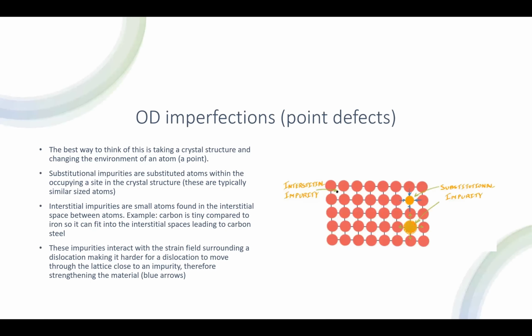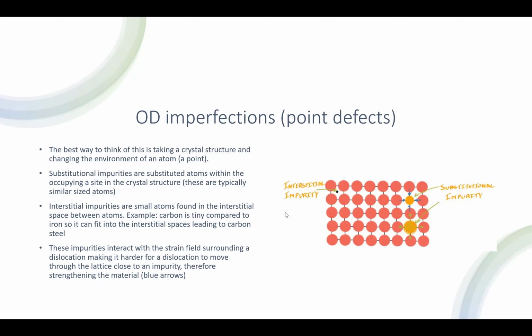So 0D imperfections: if you look at the crystal structure, we change something in the crystal structure or we substitute something into our interstitial space. The best way to think of this is we take a crystal structure and we change the environment of an atom or a point.